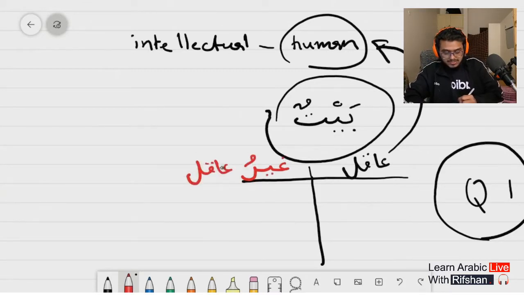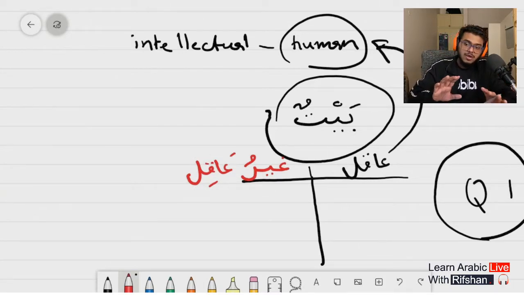I hope you understand this writing also. So the first thing we are going to see is if it's aqil or ghayru aqil. Aqil is used for human beings and intellectual beings. Ghayru aqil is used for non-intellectual, non-human beings. Okay, so what is aqil and what is ghayru aqil?